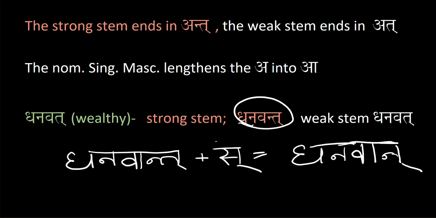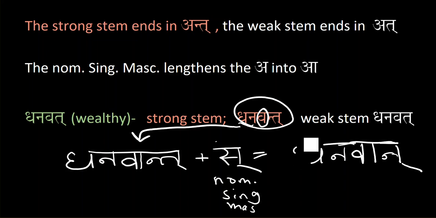And then you have to lengthen the a into an long a. So you're lengthening the a in va to a long a. So that's how you start from dhanavant, and then you end up with dhanawant. Dhanawant plus the masculine nominative singular case ending sa. That's how you end up with dhanawan.